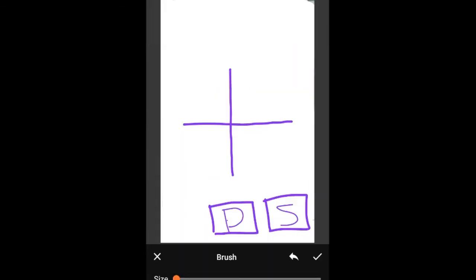So class, as we saw, Paula's desk was like this. Paula's was here and Stan was exactly next to Paula's. So now we will draw a compass rose that will indicate all the four directions, that are north, east, south and west.